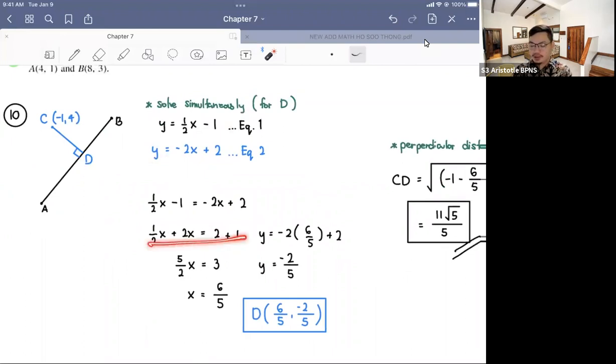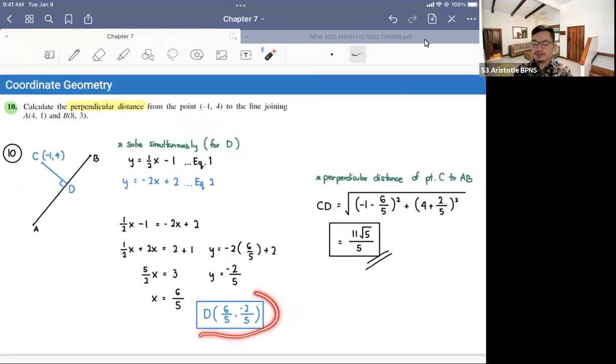Solving for x, you'll get 6 over 5 as your answer, right? You can use fractions, you can use decimals, it's up to you, but I suggest fractions. So that's the value of x. For the value of y, just choose either of these. I chose the second one, and then I got -2 over 5. So here are the coordinates of point D: 6 over 5 and -2 over 5.